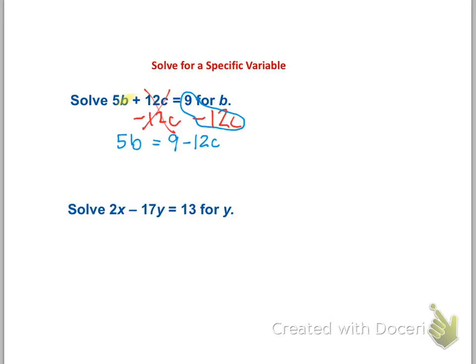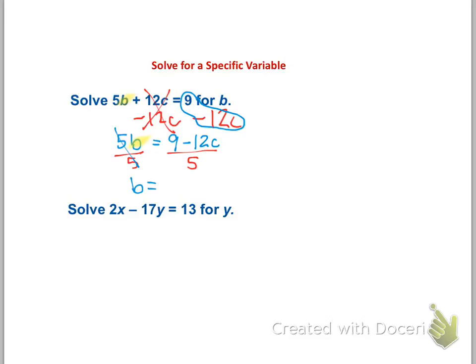Now again, I'm still trying to get the B alone. It's being multiplied by 5. The opposite of multiplying is dividing. So I'm going to divide both sides by 5. That gives me B alone, but I can't really do that division. I could do 9 divided by 5, but I'm going to get a decimal, and I don't want a decimal.